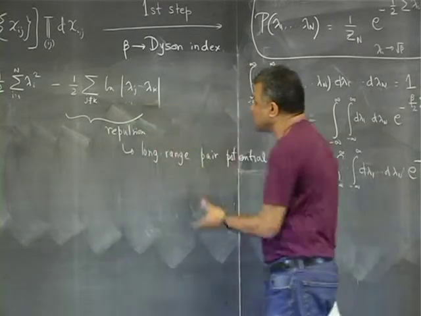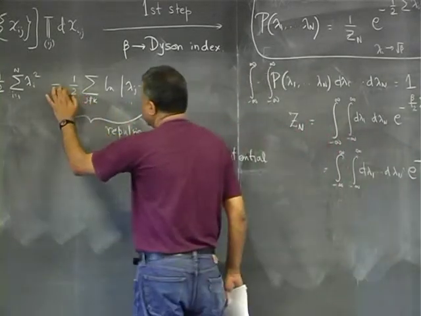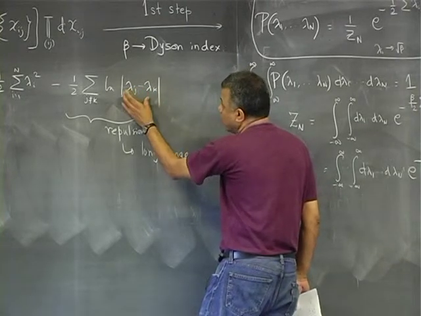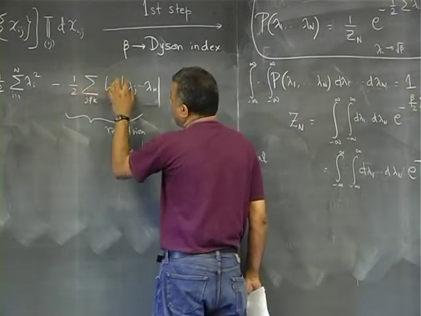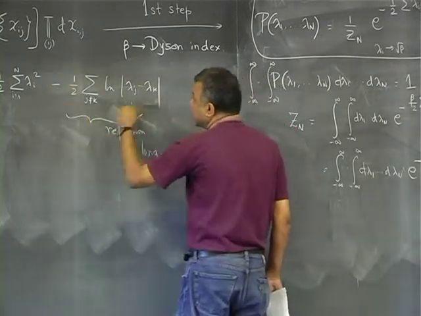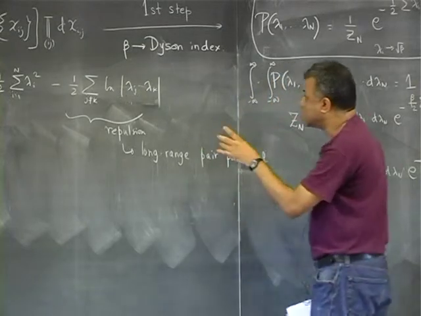This is repulsive because of this sign here. When lambda j minus lambda k becomes very small, this becomes log of a very small quantity, with a minus sign, so a very large quantity. So the energy actually increases. Therefore this is a repulsive term.